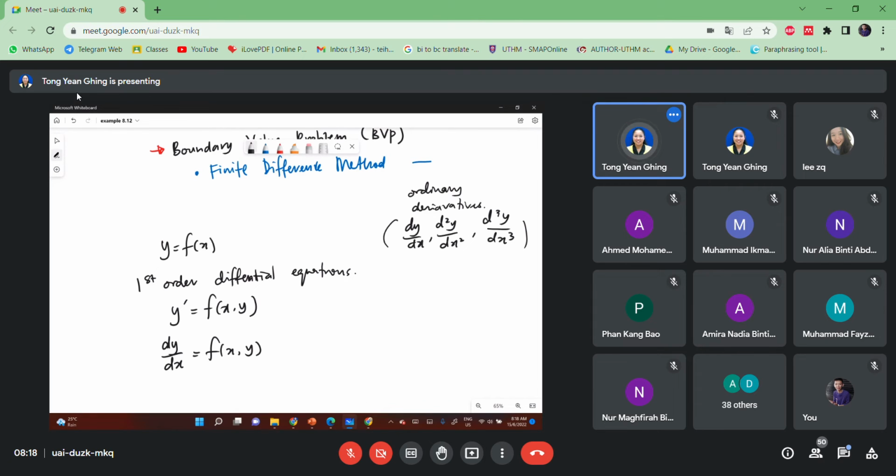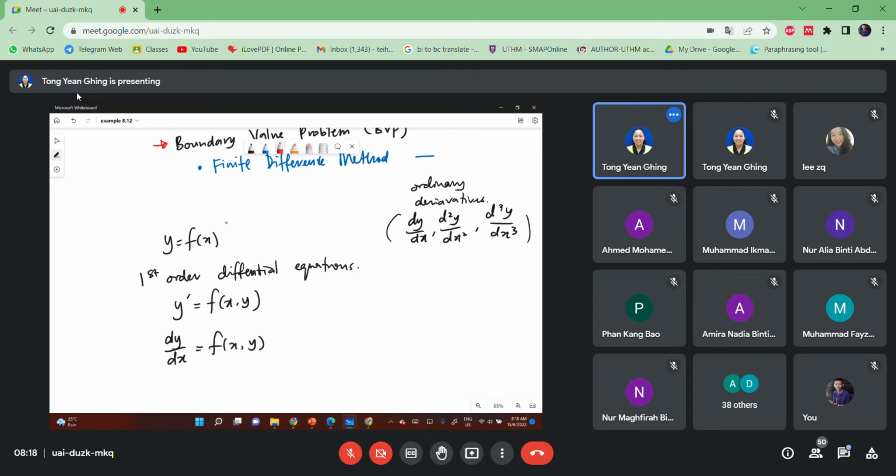So, going back to the functions, when we do the first order differential equations, the x here is the independent variable. It's fixed.